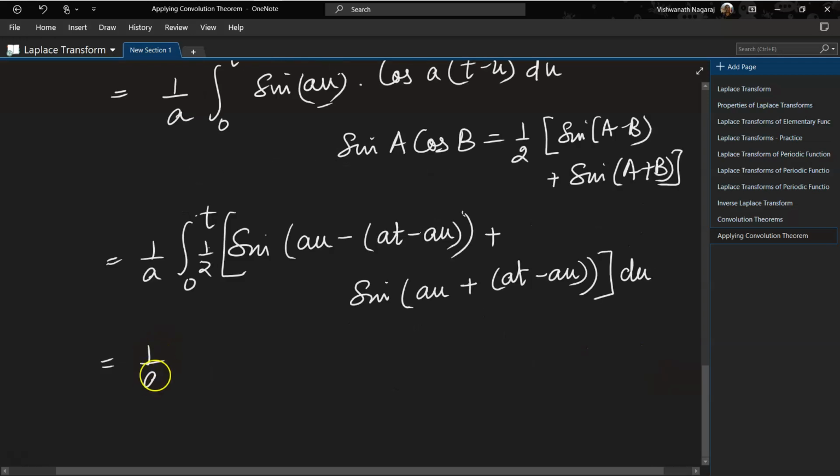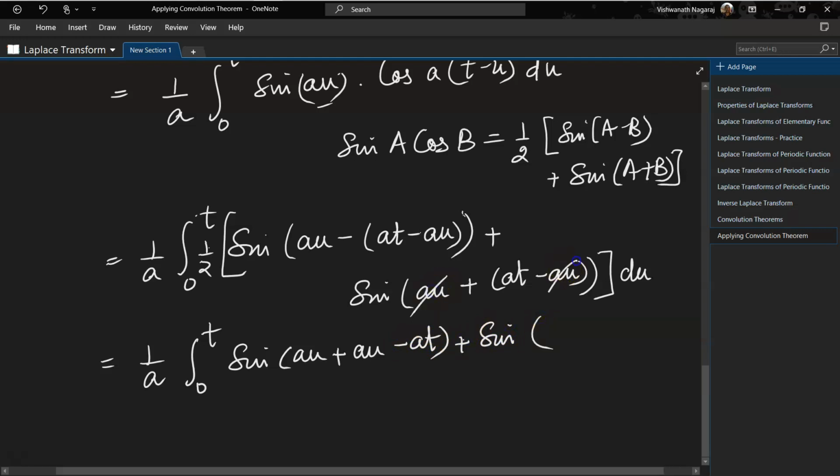Now 1 by a integral 0 to t of sine(au minus at plus au), plus sine, this and this get cancelled and we are left with at, and this whole thing is going to be inside a single integral, that is du.